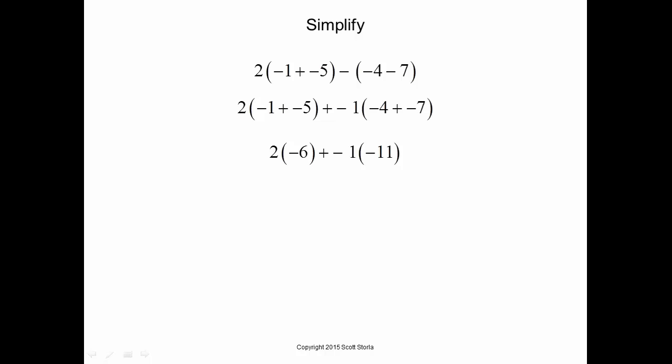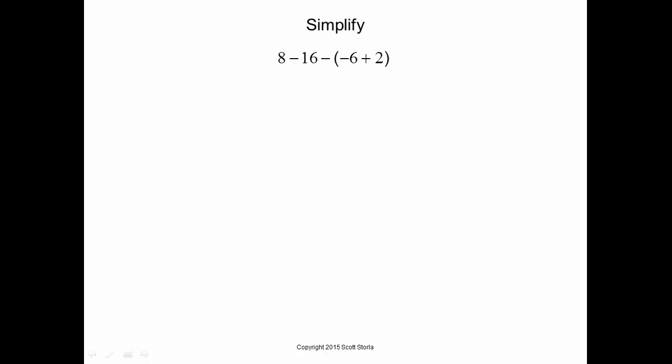Multiplications need to come before the addition. This product will be -12, and this product +11. Finally, I have a sum. The signs are different. 12 minus 11 is 1, and since -12 was absolutely larger, I end with a sum of -1.